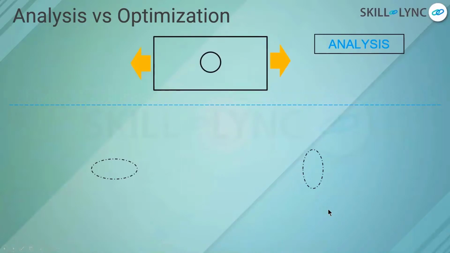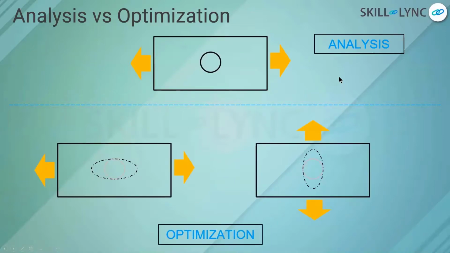So further going ahead in the same topic of analysis versus optimization. For example, if I have a plate with a hole, subjected to loading, an analyst will say, okay, I apply the loading and I can find out what are the stresses at the edge of the hole. That's a conventional analysis.